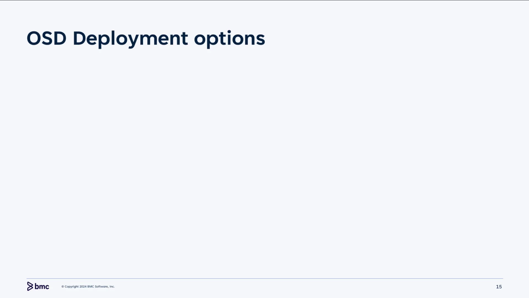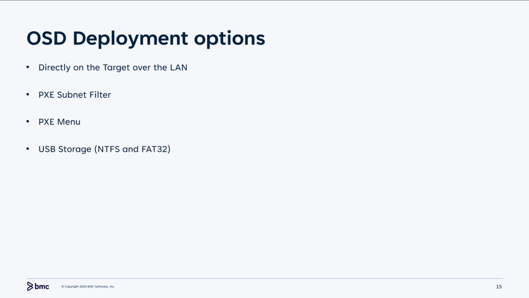OSD deployment options. There are multiple ways to deploy the operating system on the targets. These consist of deploying directly on the target over the LAN, using the PXE subnet filter, using the PXE menu, and deploying directly via USB storage.